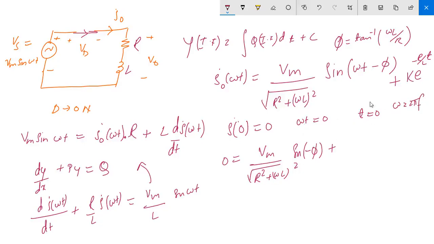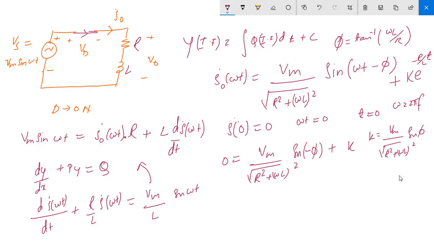So from here you can find K is equal to Vm upon root under R square plus omega L square into sin phi.